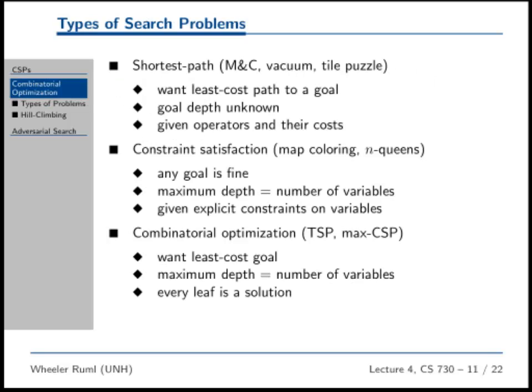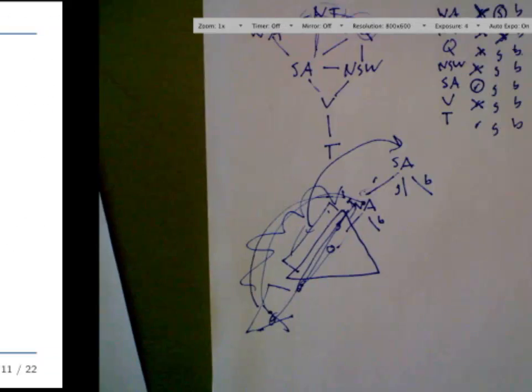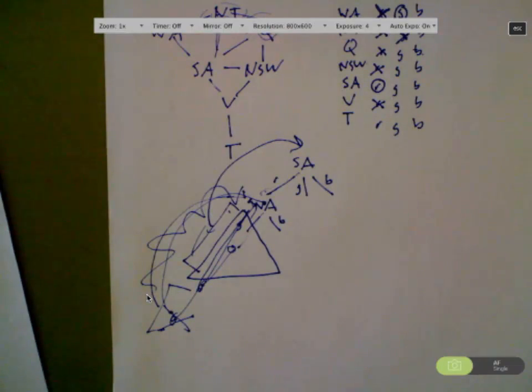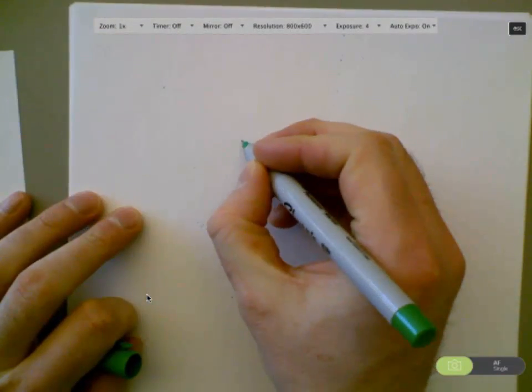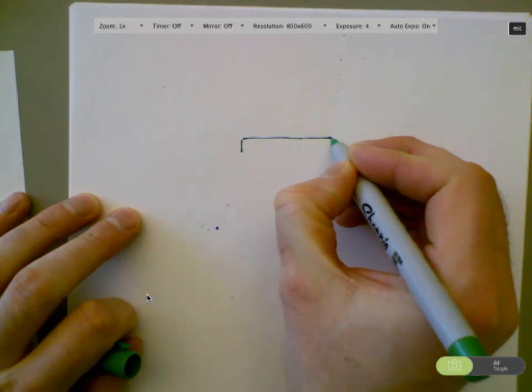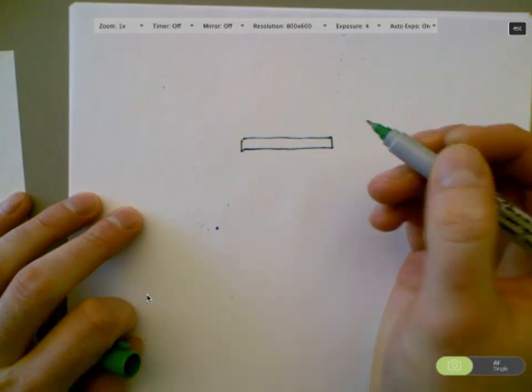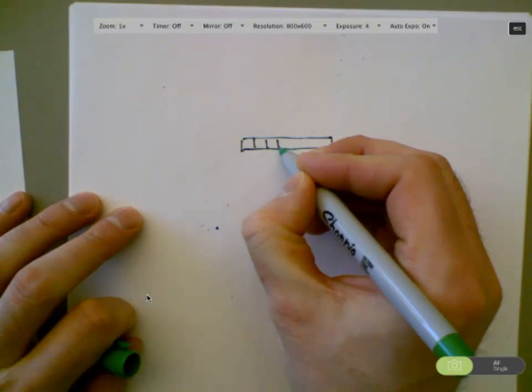If we have a fixed number of decision variables, then I can think like this, and this is a crazy way to think, but it turns out to actually work. I can think of having a complete solution written down. A solution is just a vector of assignments of values to variables.